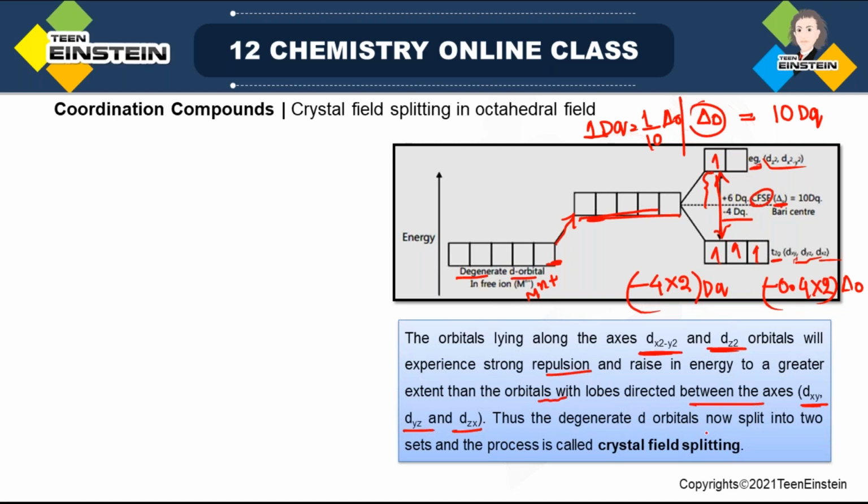Thus, degeneracy is destroyed, and the degenerate d orbitals now split into two sets. One is T2G, another one is Eg, and the process is known as crystal field splitting. But remember, it is only for octahedral field. That is clearly mentioned here, because if it is a tetrahedral field, the situation is completely different. That we will discuss separately. Right now just try to understand it is only for octahedral, not tetrahedral.